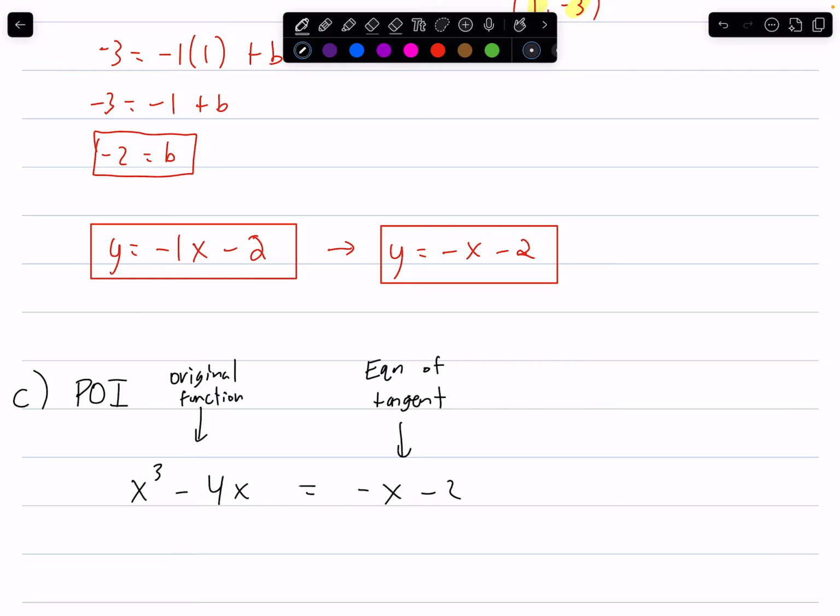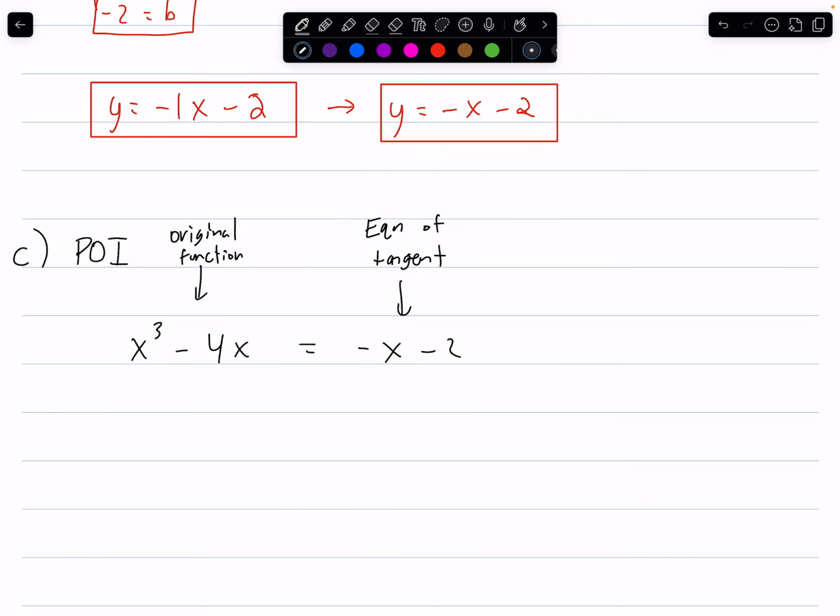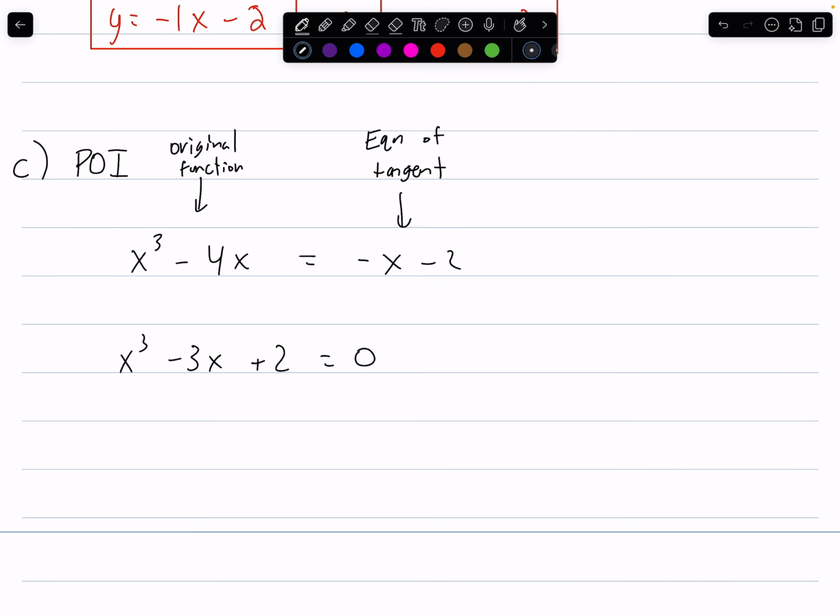Okay, so you're taking the original function, equating it to the equation of the tangent, and then we're going to solve. So now, how do we solve this? Well, we're going to have to bring everything to one side. So I'll say x cubed minus 3x plus 2 equals 0. And then from here, we're going to have to factor this equation.